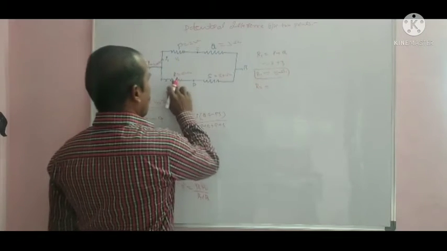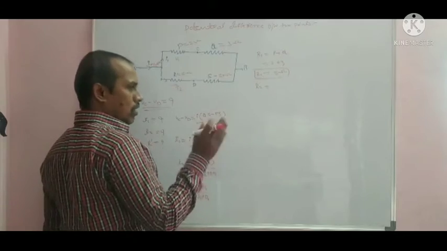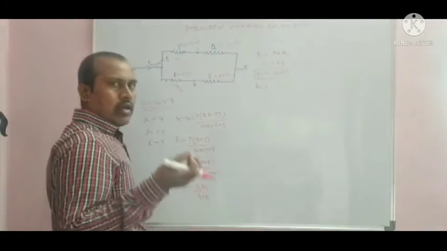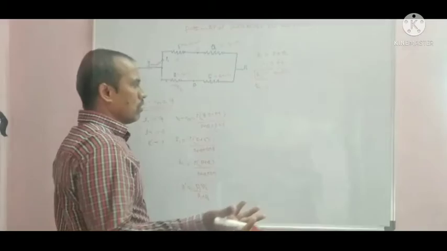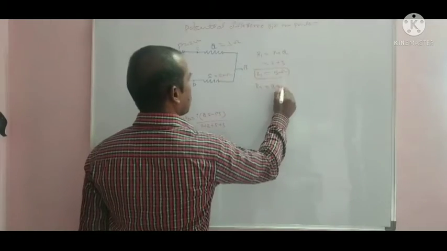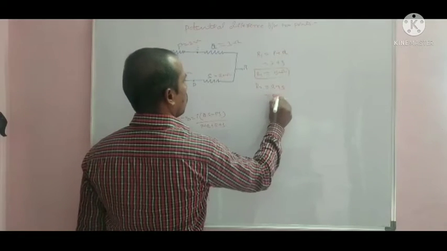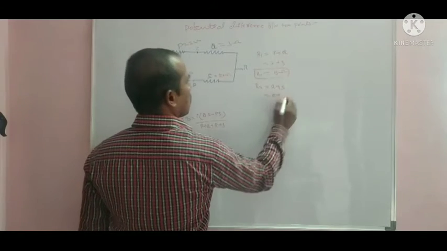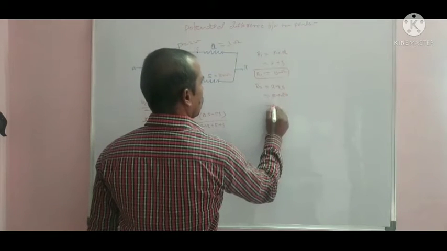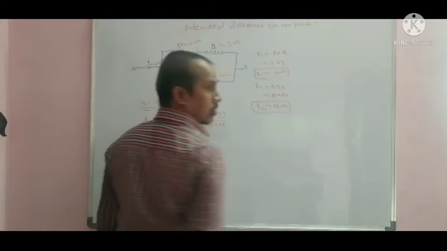R2 is R and S, these are in series combination. So the sum of the individual resistances is equal to the effective resistance. R2 is equal to R plus S, R is 5 ohm and S is 20 ohm, that is equal to 25 ohm. This is R2.